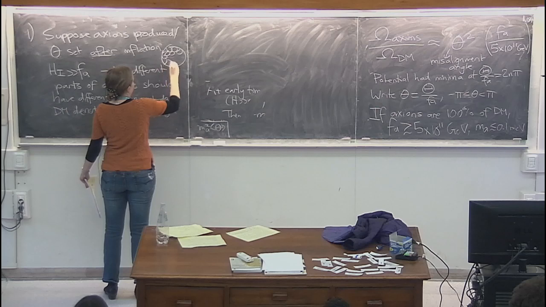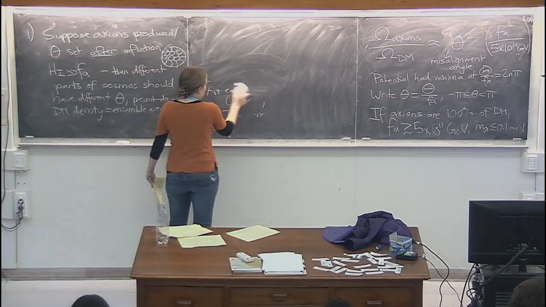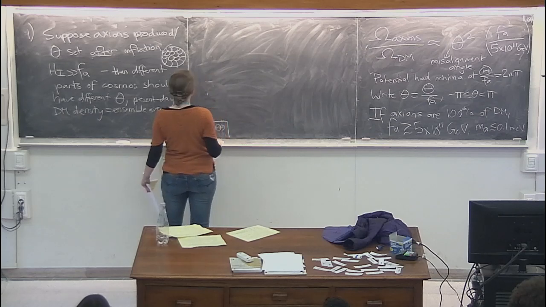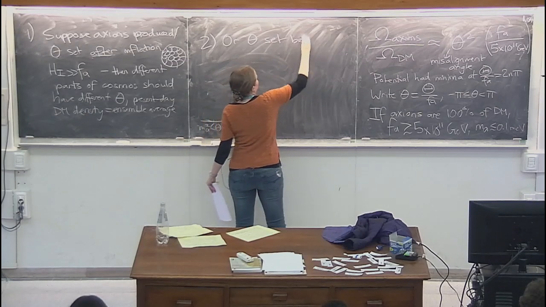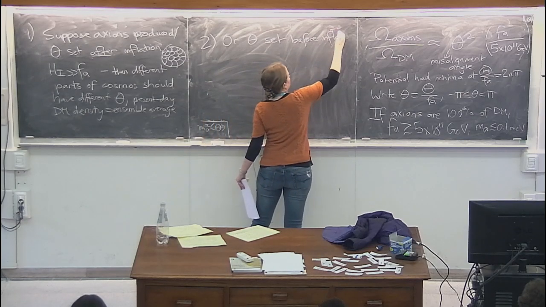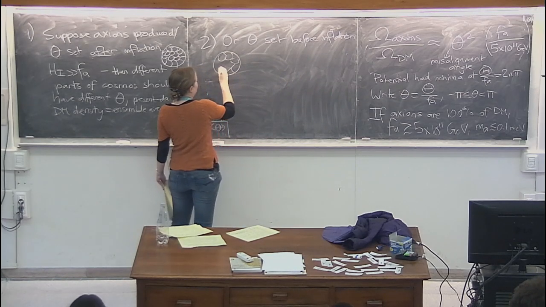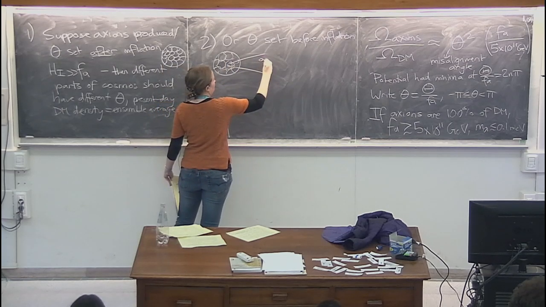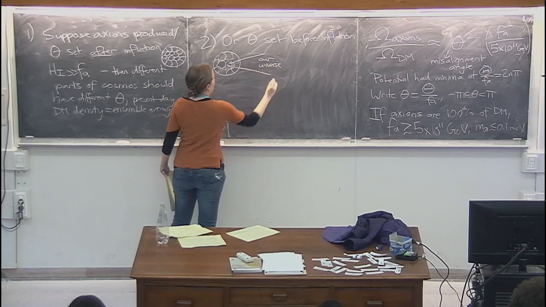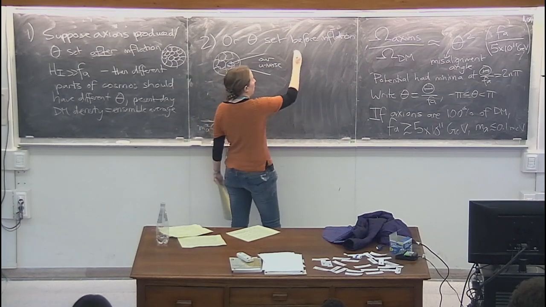But if theta was set before inflation, then before inflation there would have been many different patches with different values of theta, but only one of these patches got inflated to be our observable universe today, and so we would expect theta to have the same value everywhere. And then potentially our universe could have a very small value of theta.